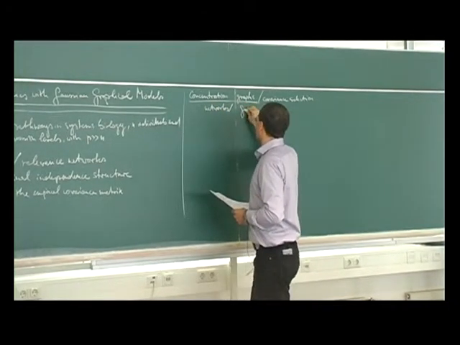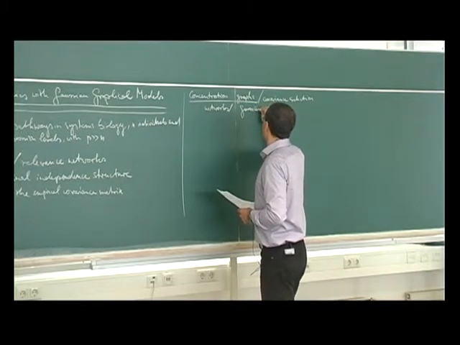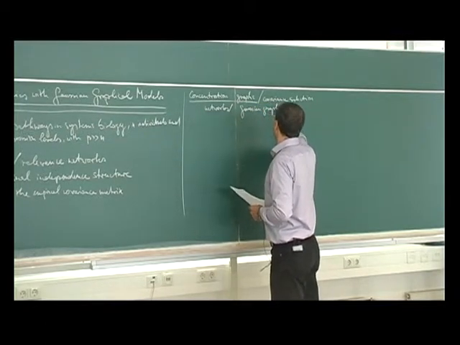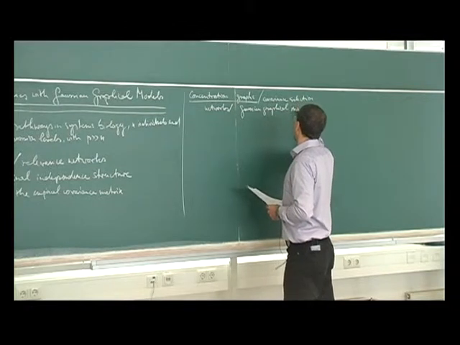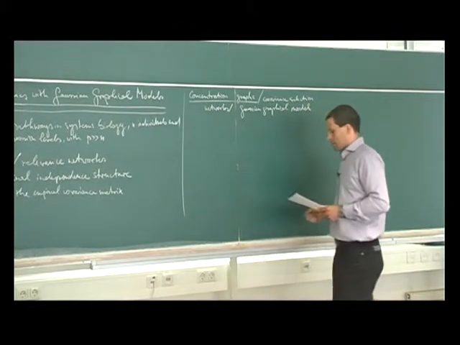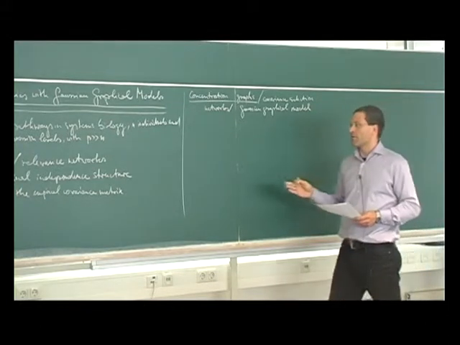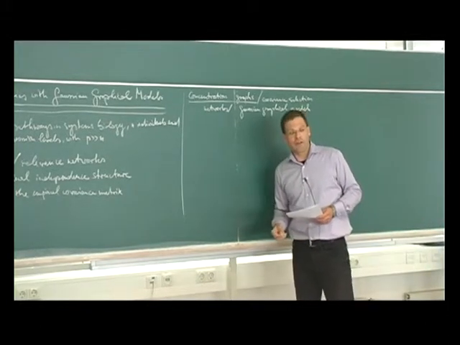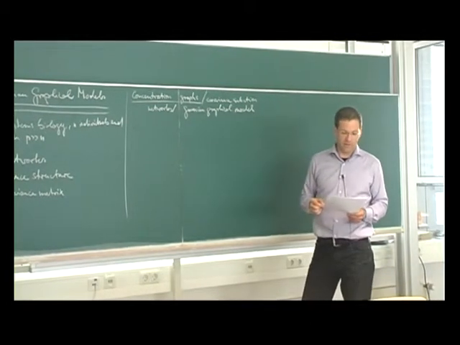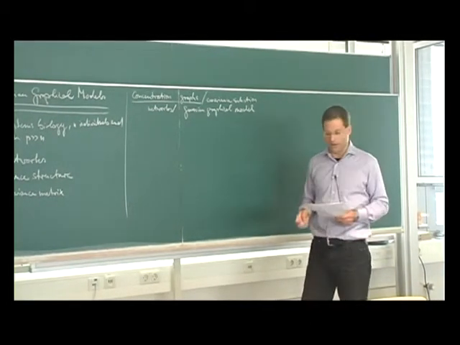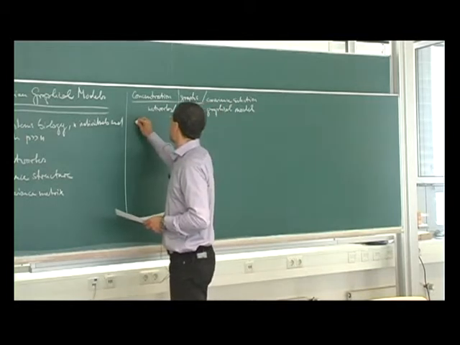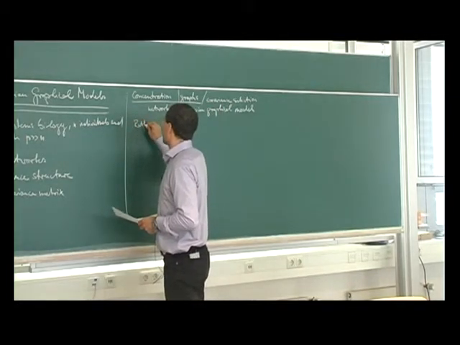Or Gaussian graphical models. Rather than finding zeros in the correlations as before, you now try to find zeros in the partial correlations. And I'm explaining what those are in a minute.